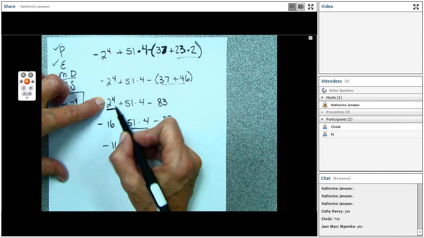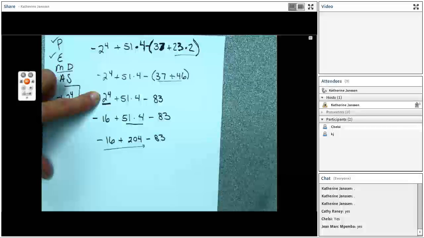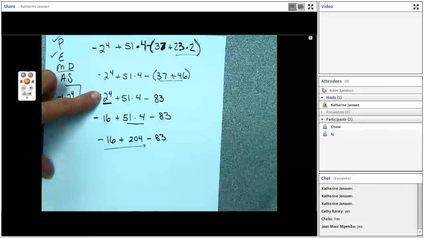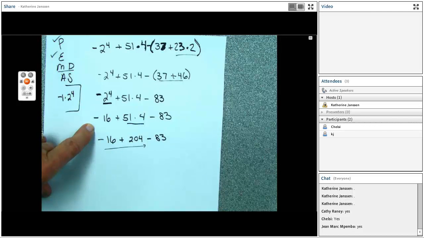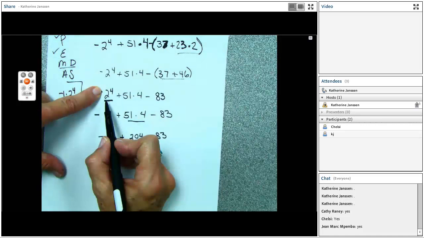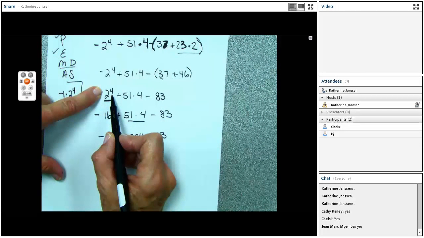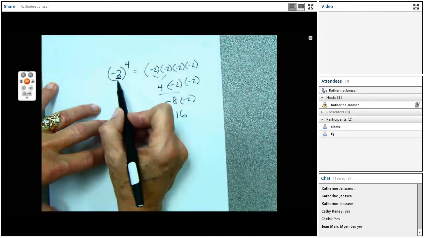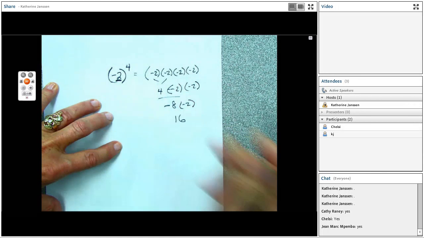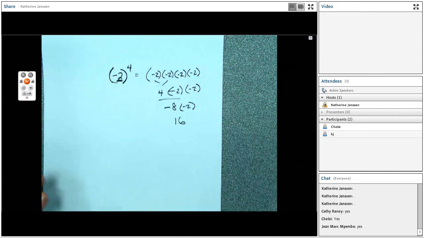So it's 2 to the 4th, and 2 to the 4th is 16. You agree with that? But it's the opposite, times negative 1. 2 to the 4th is 16. It is not a negative base. If it were a negative base, we'd have to have the parentheses around the negative base.